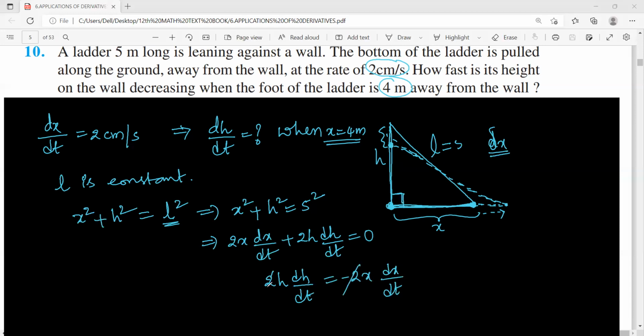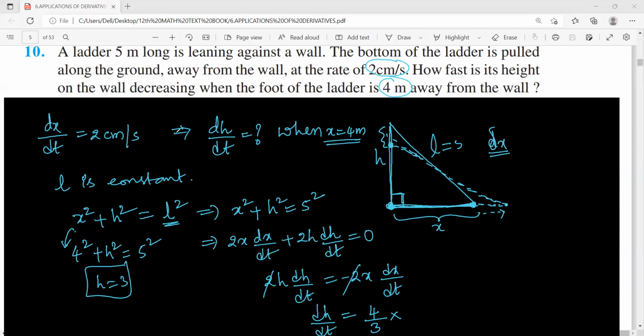Here x is given. When x is 4 meters, what is h? From this relation, when x is 4, h is 3. That's what you should substitute. So dh by dt is minus x by h into dx by dt, that is 4 by 3 into dx by dt.